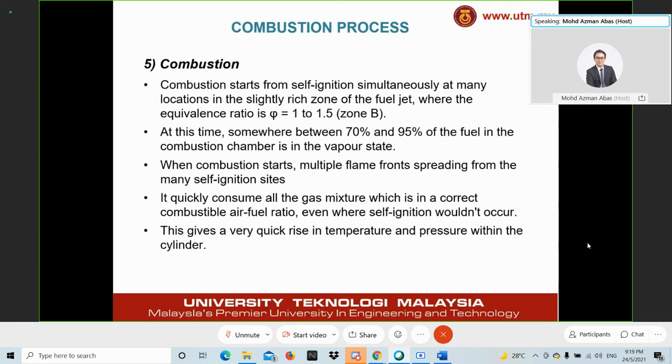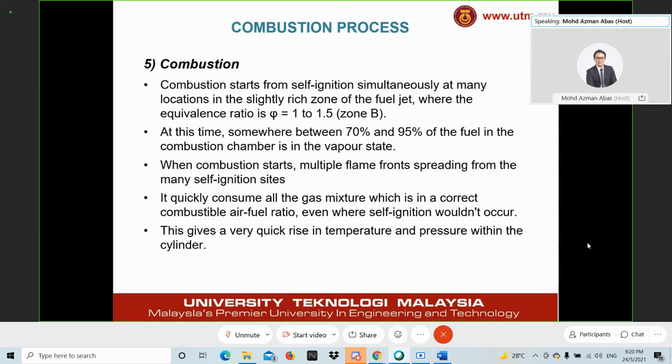So you are looking at multiple combustion sites in several locations inside the chamber, where the equivalence ratio ranges from 1 to 1.5 in zone B. At this time, somewhere between 70 to 90% of the fuel in the combustion chamber is in the vapor state.